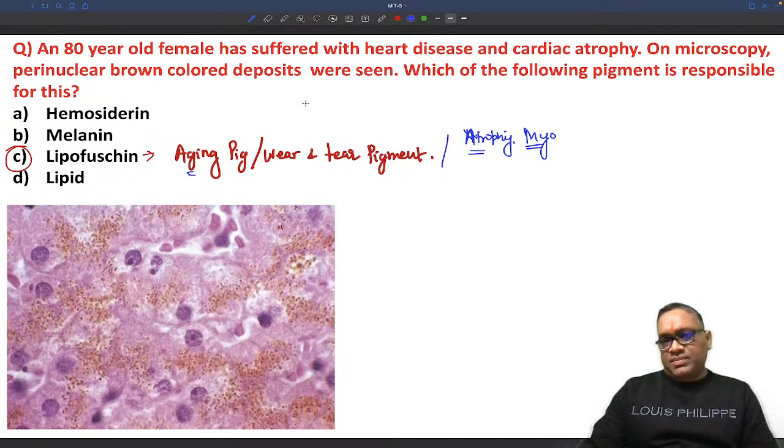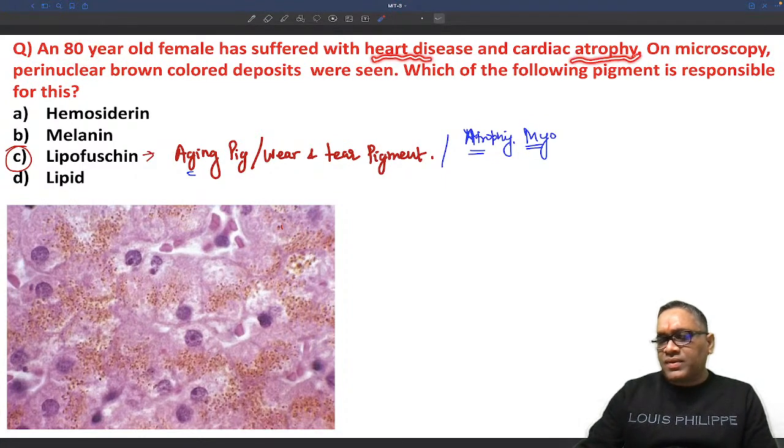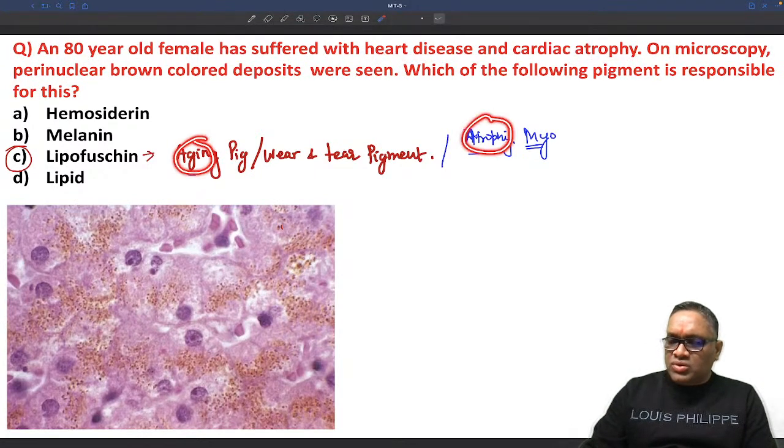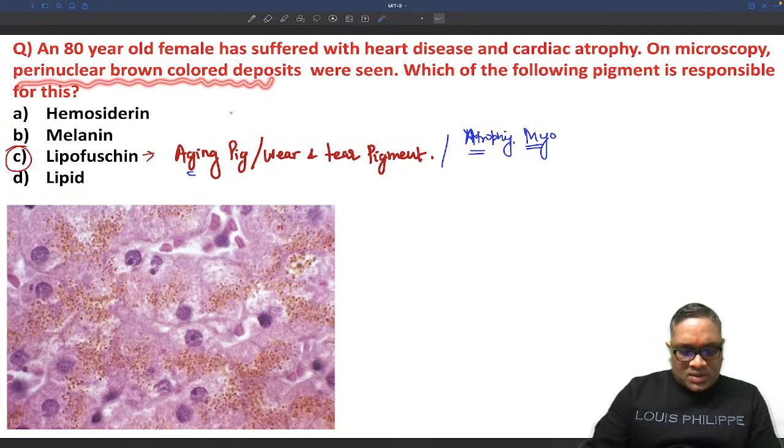That is lipofuscin, right? Here in the history you can see the individual is older, 80 years old, having heart disease with cardiac atrophy. Because of the atrophy in an older patient, it is most likely lipofuscin, because of the perinuclear brown colored deposits.